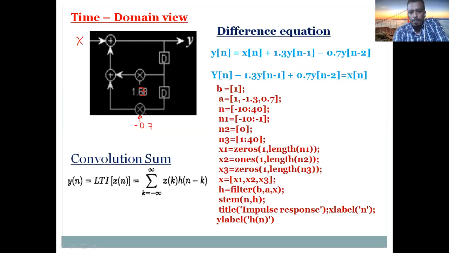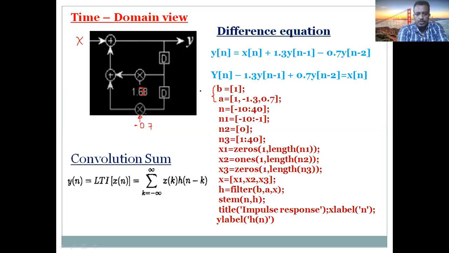Okay. So B and A represent what? The coefficients of the difference equation. As we have discussed, here our system is a linear time invariant system because the coefficients are constants. If the coefficients in your difference equation are constants, your system is a linear time invariant system. So B and A, we take only coefficients from the difference equation.